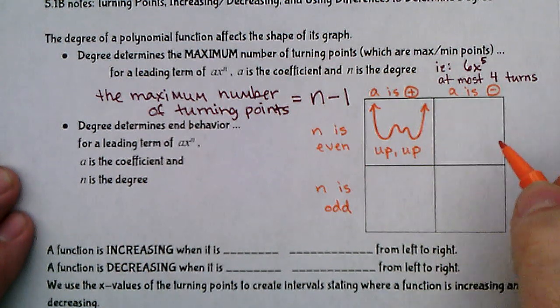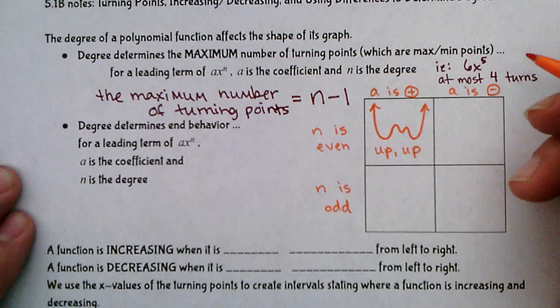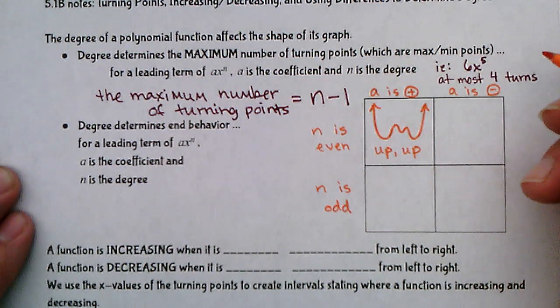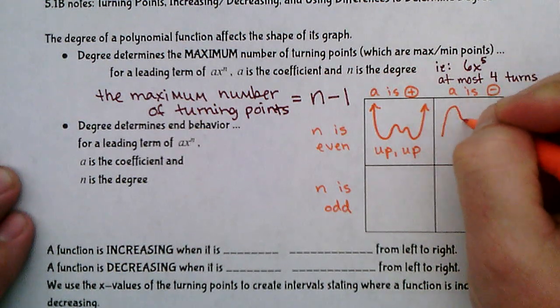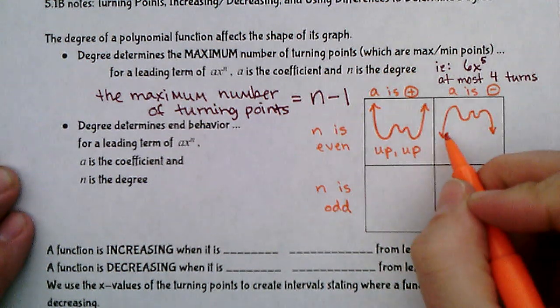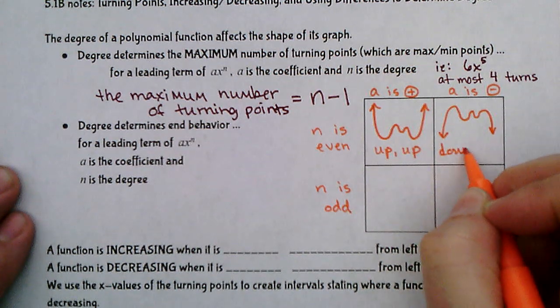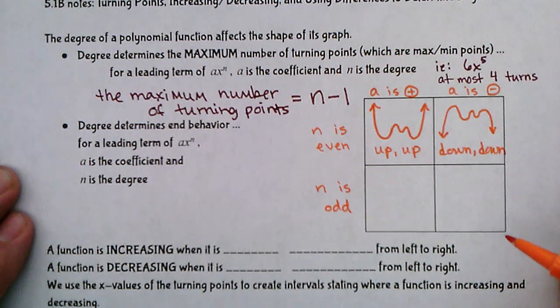Now if the leading coefficient is negative, like negative 3x squared, that negative out in front does a reflection across the x-axis, which makes our parabola or polynomial function flip upside down. So in that case, our ends would both be down, so that will be down and down.